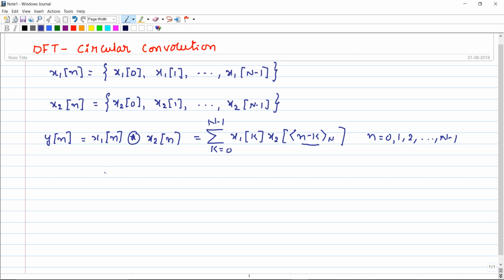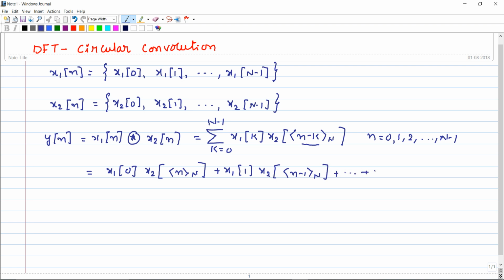If you expand this summation, it will look like this. This is equal to x1 of 0, x2 of n modulo n, because k equals 0 in the first term, plus x1 of 1, x2 of n minus 1 modulo n, and so on.